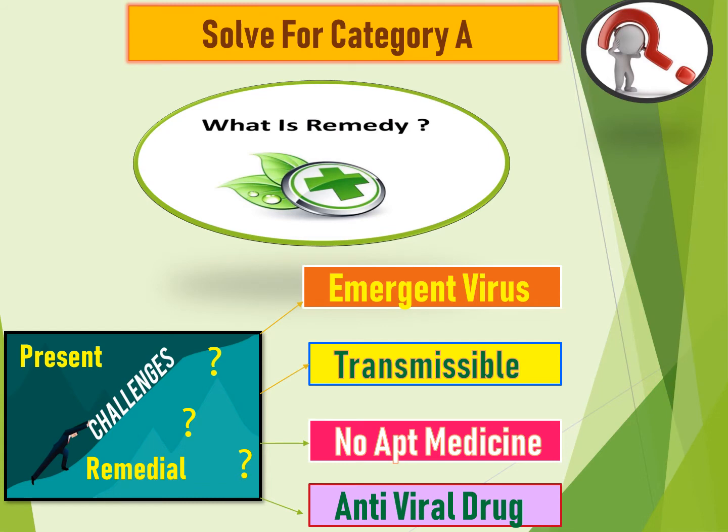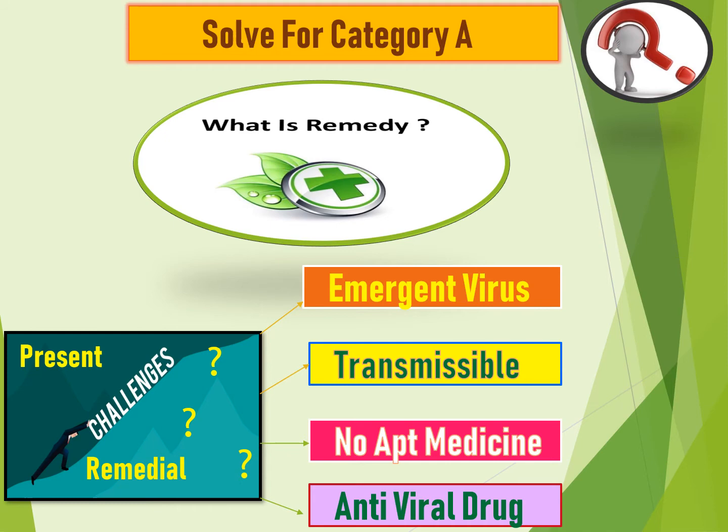Okay, what is the present remedial solution for this? I mean to say, at the moment there are so many challenges for a remedy for this coronavirus throughout the globe. Why so?